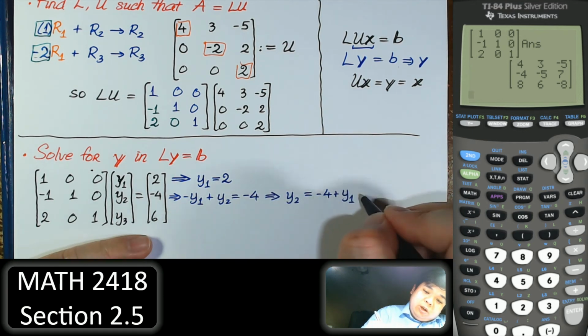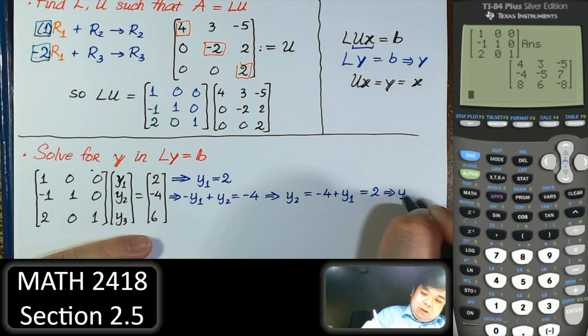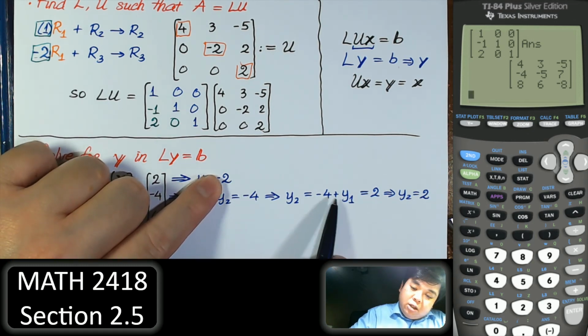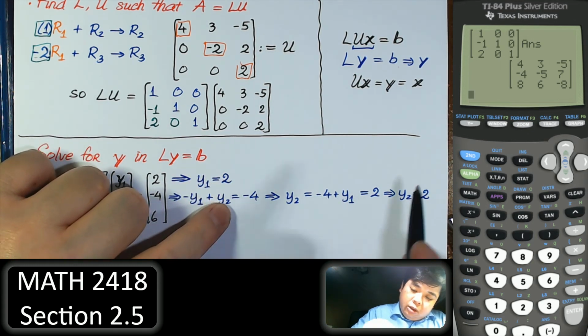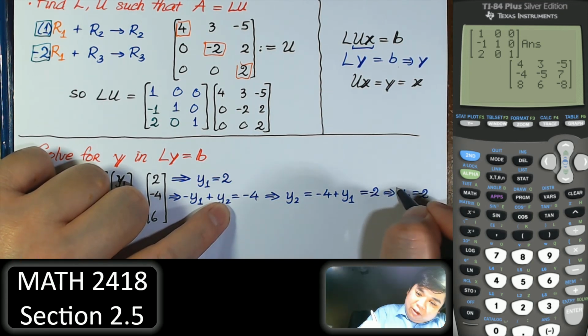Therefore y1 is 2. Right. -4 plus 2 is -2.